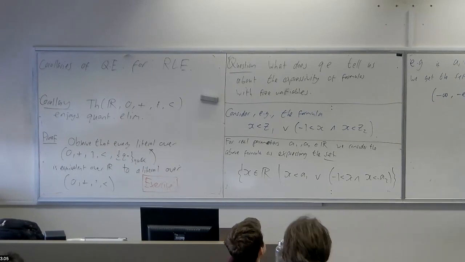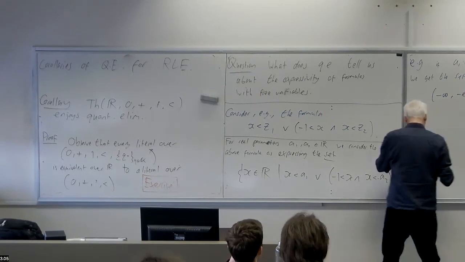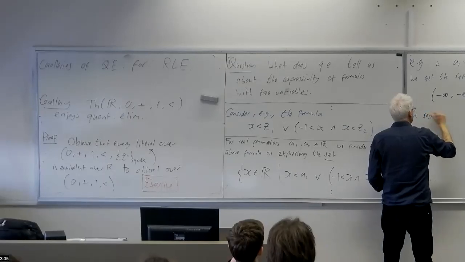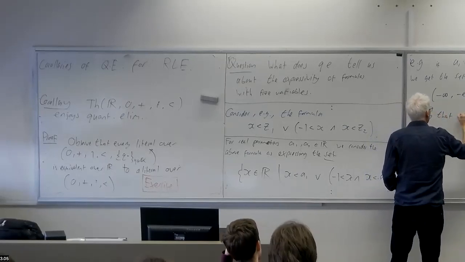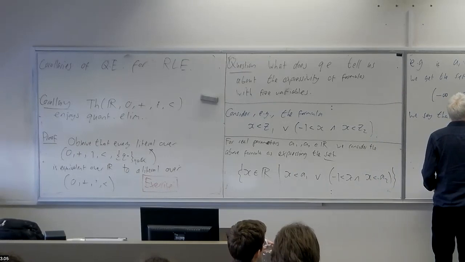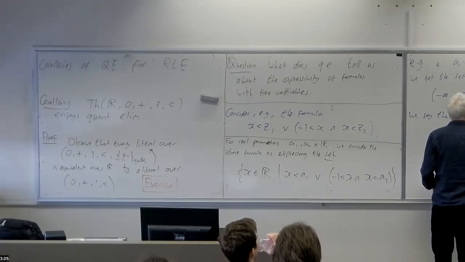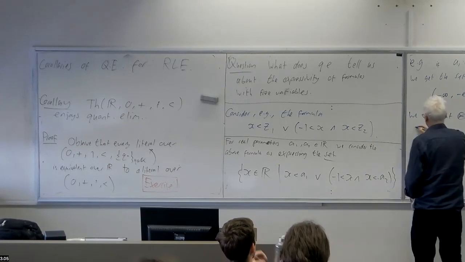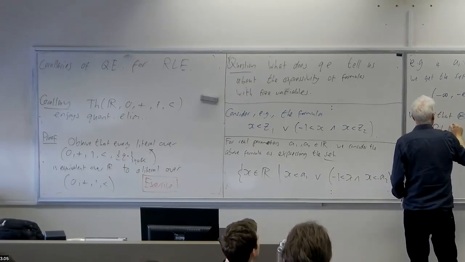So we say, and it's a long time since we had a single star, so let's use a single star. So this shows, so we say that star is definable in parameters in the theory of rational linear expressions.